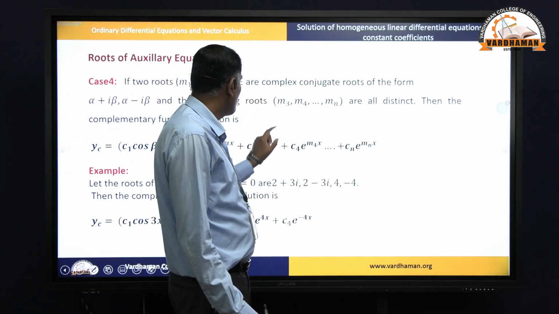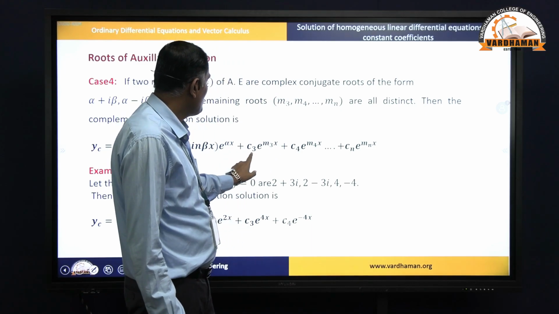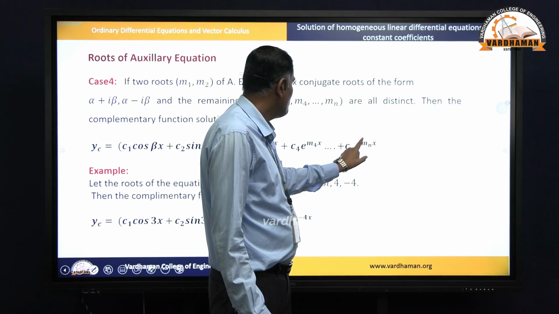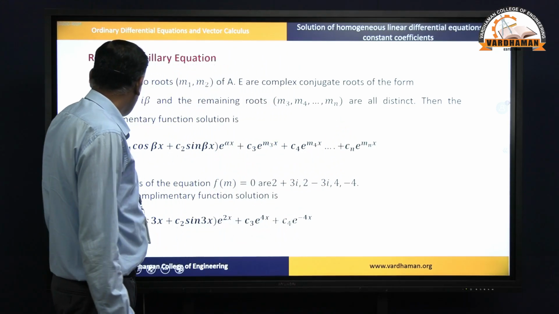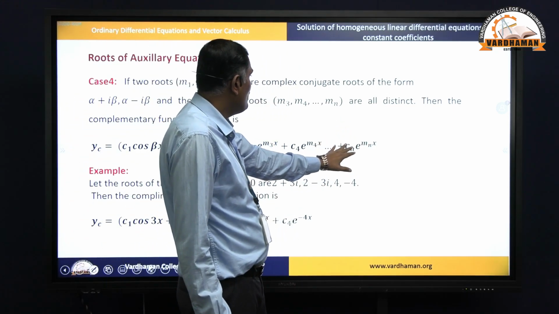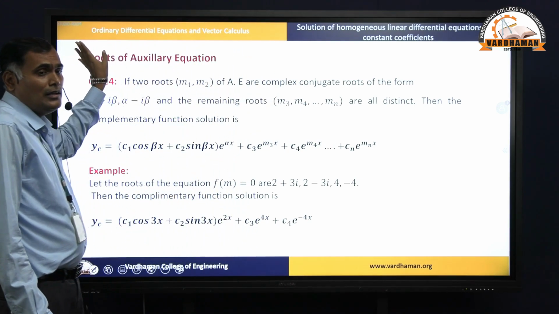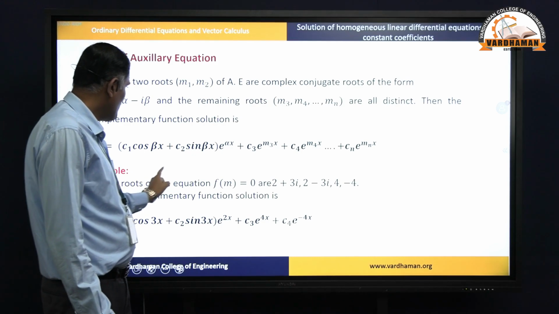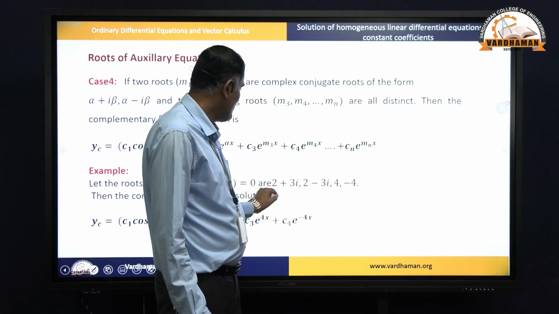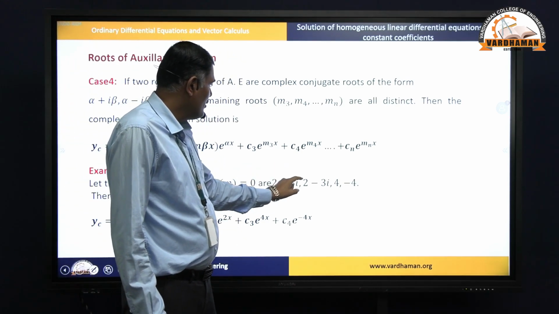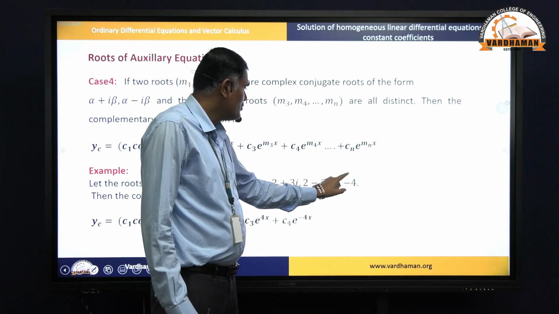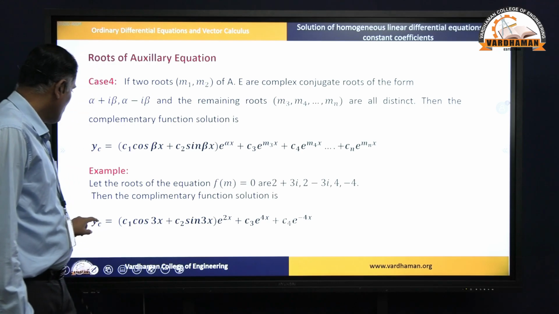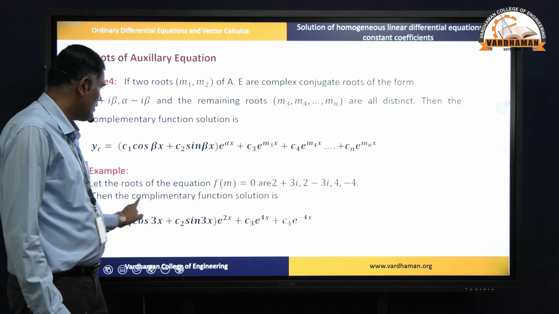Corresponding to the other roots, we are writing the solution like this: c3 e power m3x plus and so on, cn e power mn x. Here we are writing n constants because we have taken an nth order linear DE with constant coefficients. Now for example, here we have taken roots as 2 plus i3, 2 minus i3, and the other two roots are real and distinct. Corresponding to these complex roots, we write a complementary function like this.